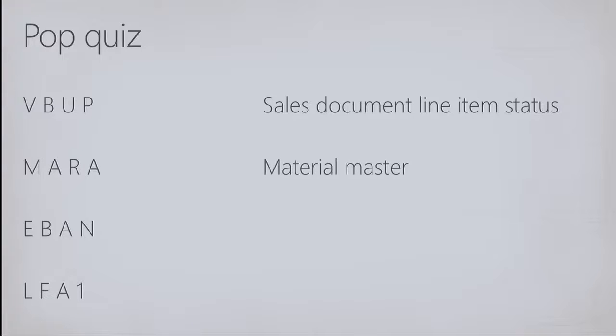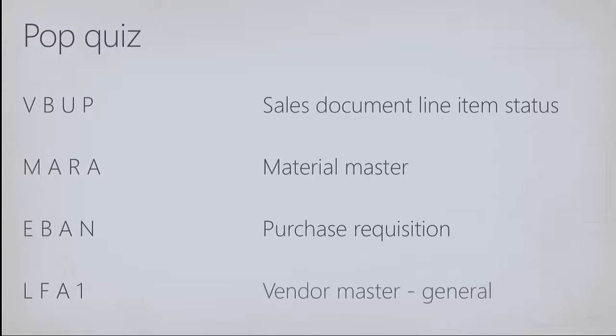Anybody know what VBUP is? Anybody? Sales document line item status. What about material master? What do you do when you get EBAN? What about LFA1? Anybody? Vendor master. Who was that? You're a bad man. Very, very cool.